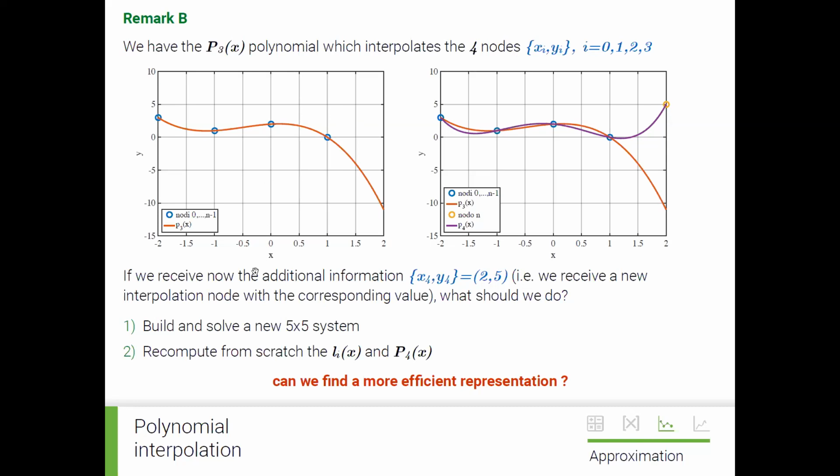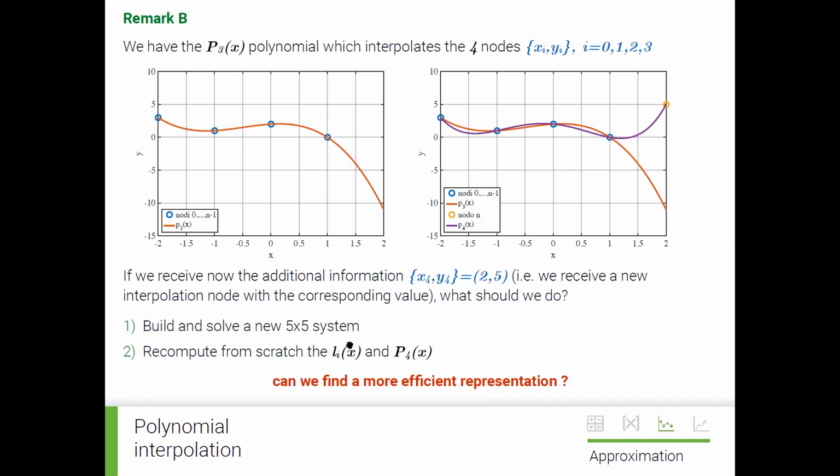And if we now receive additional information, for example x4 and y4, so it was 4 nodes, but if we add the 5th node here, it means we receive a new interpolation node with a corresponding value. Of course, what should we do? Now we need to build and solve a new 5 by 5 system, from the first method, the Vandermonde method.